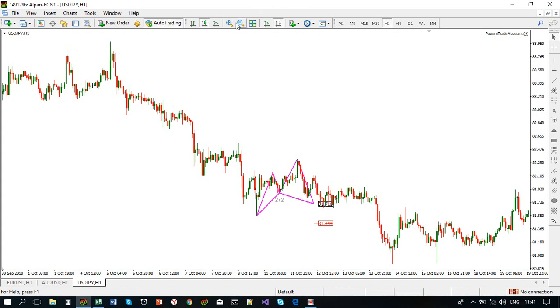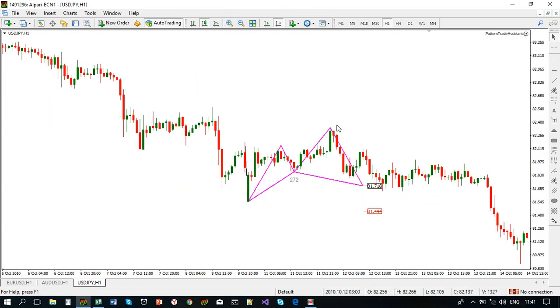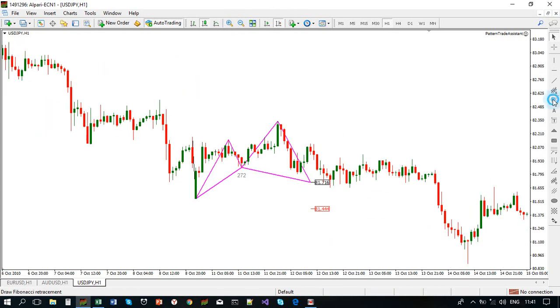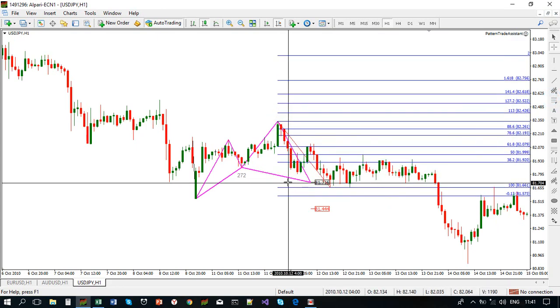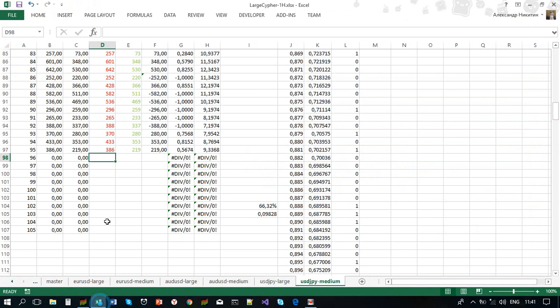The nature of probabilities says that if you have 65 winners out of 100, this means that you inevitably have 35 losses. And it equals winner as well.